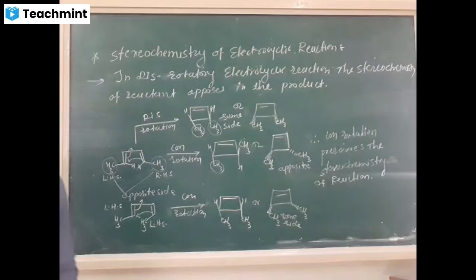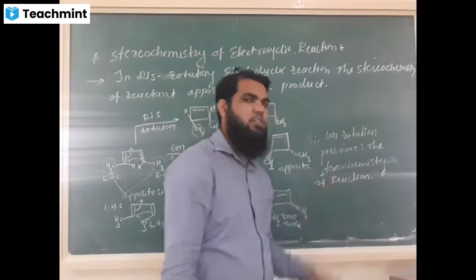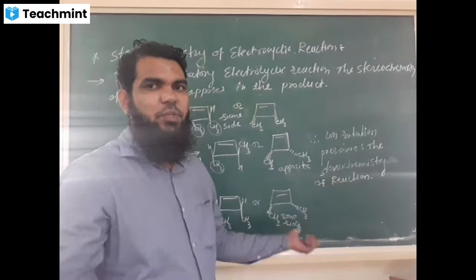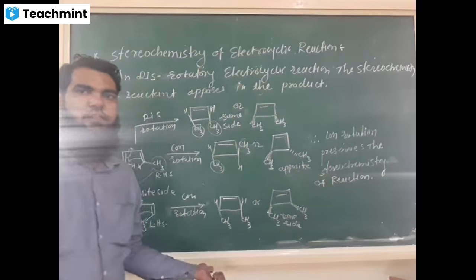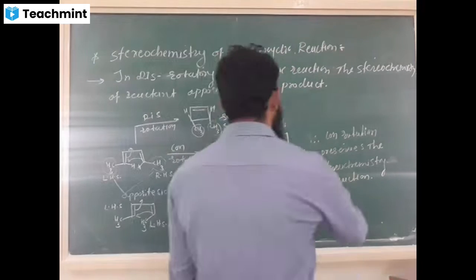What does it indicate, what can we conclude? We can conclude that disrotation opposes the stereochemistry of reaction. It does not preserve stereochemistry. It opposes the stereochemistry of reaction.